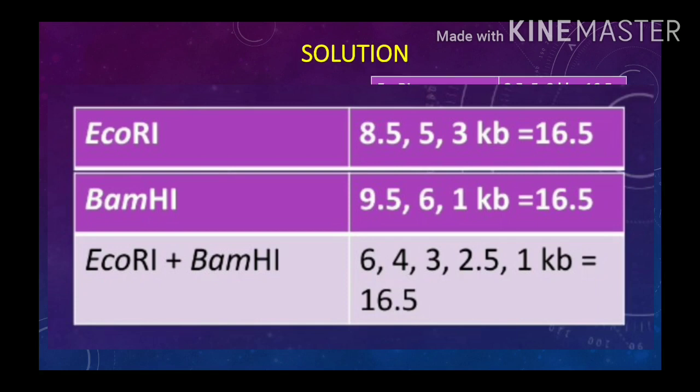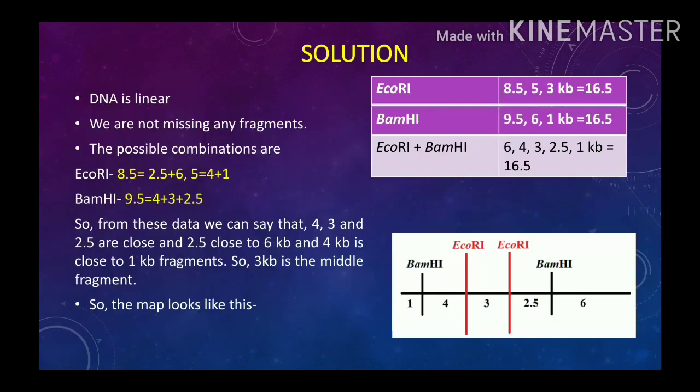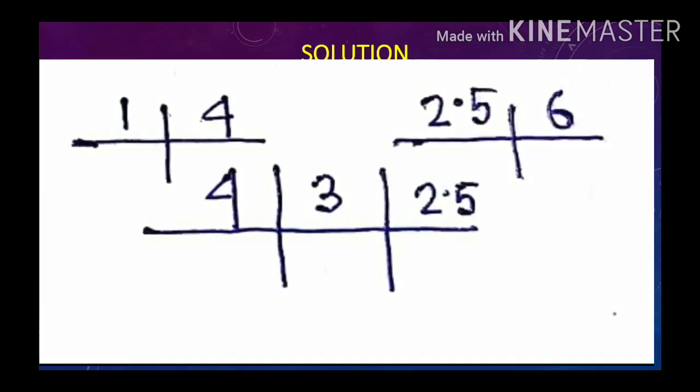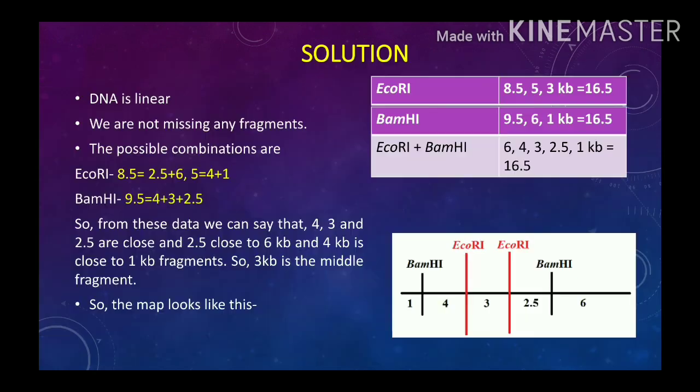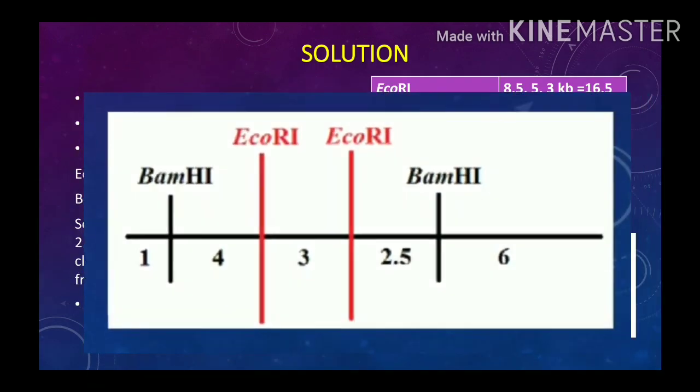The fragments 8.5 kb and 5 kb generated in EcoRI, and the possible combinations are 2.5 and 6 for 8.5 kb, 4 and 1 for 5 kb, and the 9.5 kb fragment produced in BamHI, and the possible combination 4, 3 and 2.5. And when I have aligned all the fragments side by side according to the partial similarity, the map looks like this. So from the alignment, here is the map.